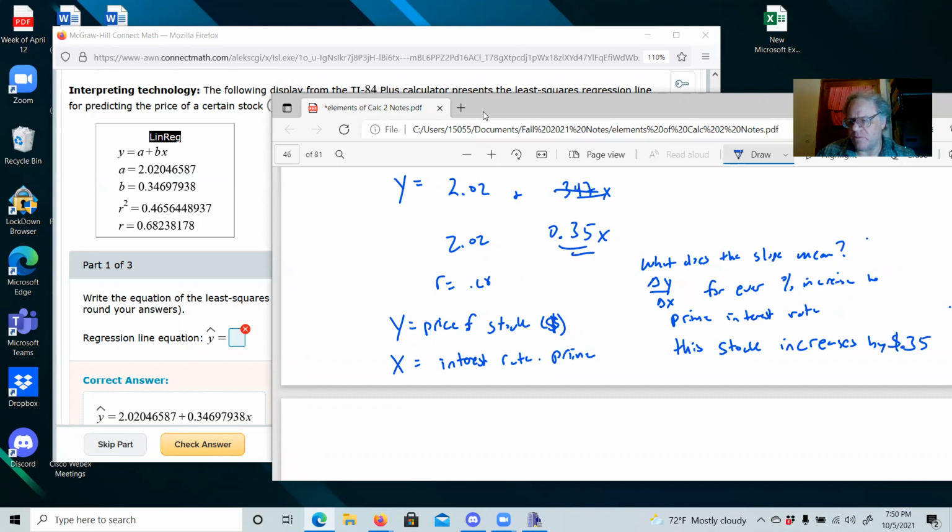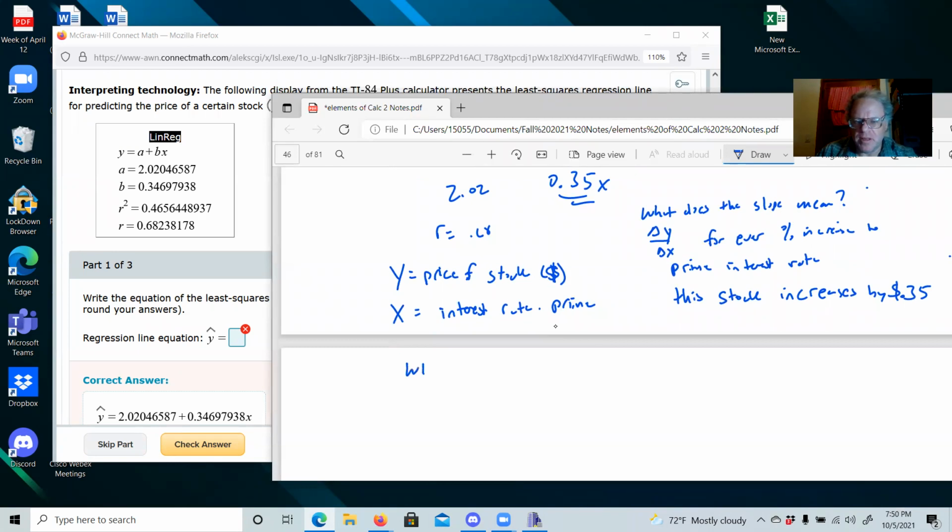So $0.35. Or you could say something more clever, like the slope is the change in the stock price per the change in interest rate. Okay, so something like that.